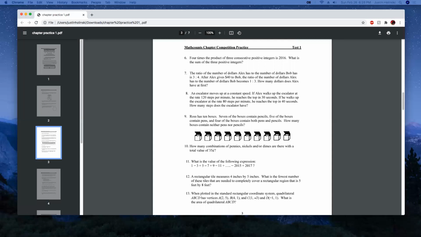So then to find the consecutive integers, I wrote the 3 consecutive, I just looked at consecutive numbers and found.